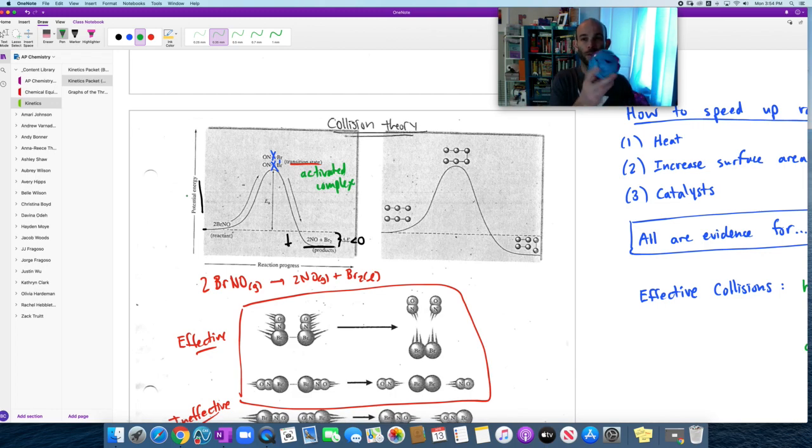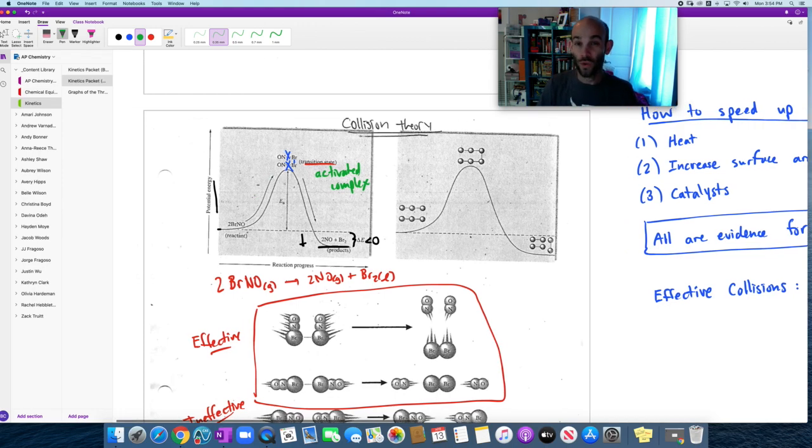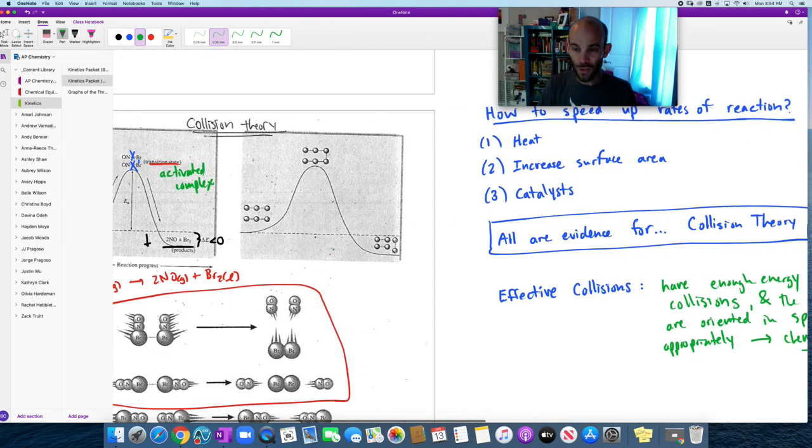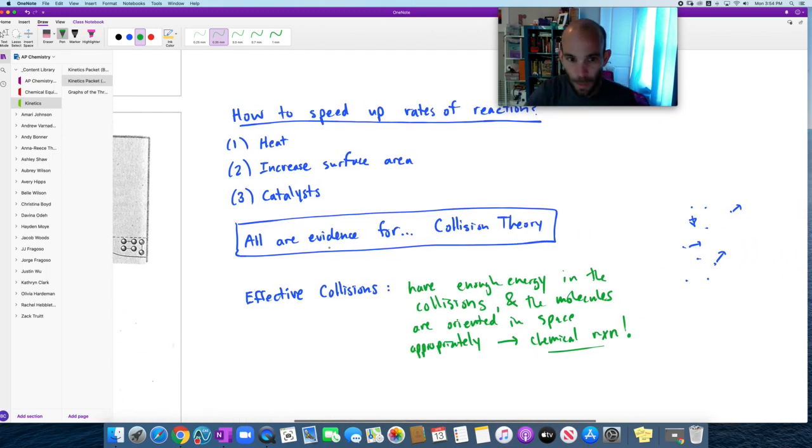So in theory, maybe if you just kind of blow on this a little bit, it might go, but probably not. You've got to put in enough energy for it to go all the way. Okay, so the collisions in a chemical reaction have to be effective collisions. You've got to put in enough energy to get it over the transition state towards the products a little bit closer.